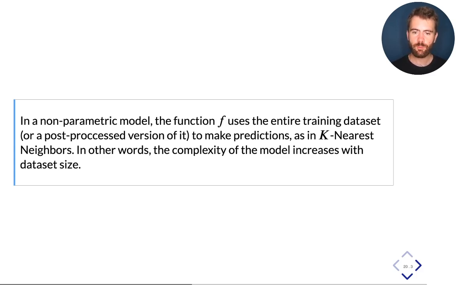And so if we were to think about the number of degrees of freedom that define a K-nearest neighbor model, this number of degrees of freedom increases with dataset size. If we have a training set of 100 points, then each instantiation of these 100 points defines our partition of the feature space.